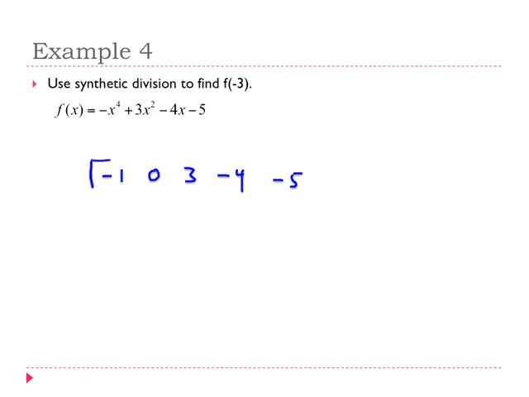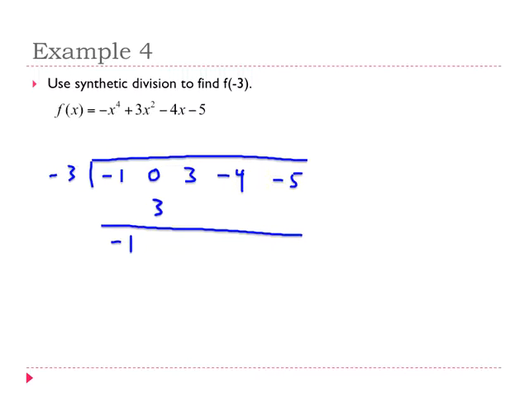Okay? And since we're trying to find f of -3, we're going to be dividing here by -3. Let's see what happens. Bring down -1, multiply by -3, that's 3. Add, we get 3. Multiply again, we get -9. This gives us -6. This should give us 18. 18 minus 4 is 14. 14 times 3 is 42, I think. -42.